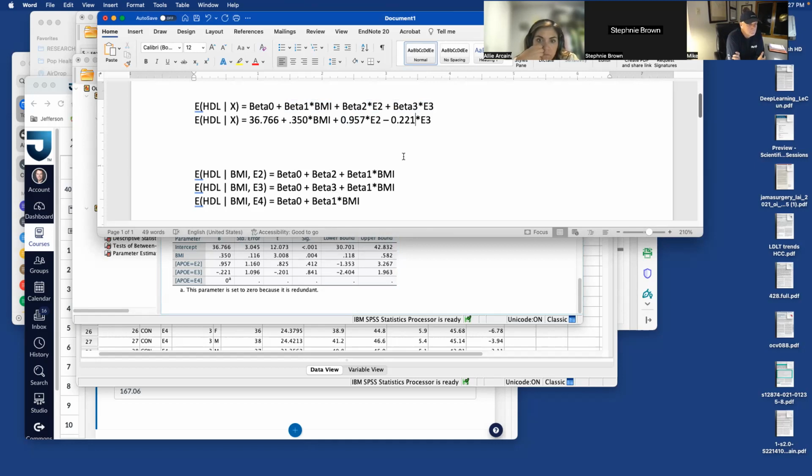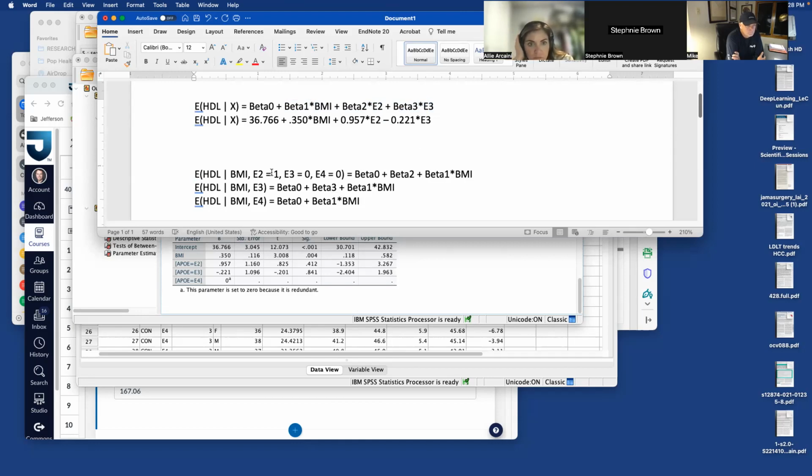In the model, even though the data set is coded in the way it is, what we've done here is we've said our model is going to have a dummy variable for E2 and a dummy variable for E3. So E2 equals 1, E3 equals 0, just to make this more explicit.